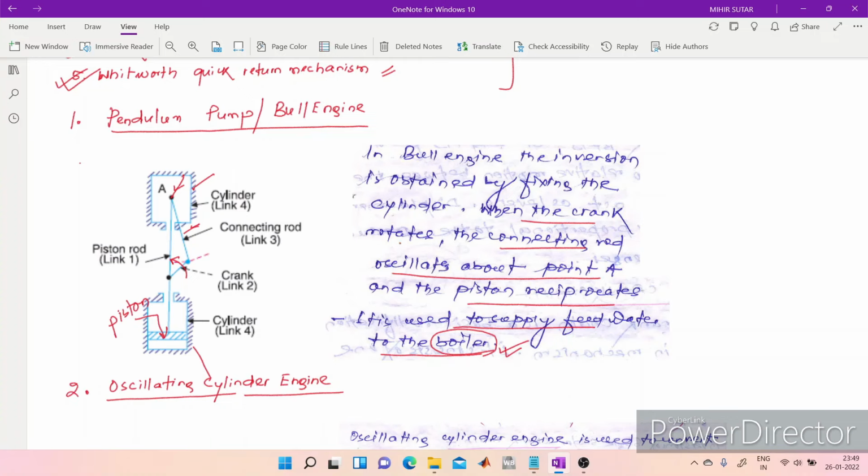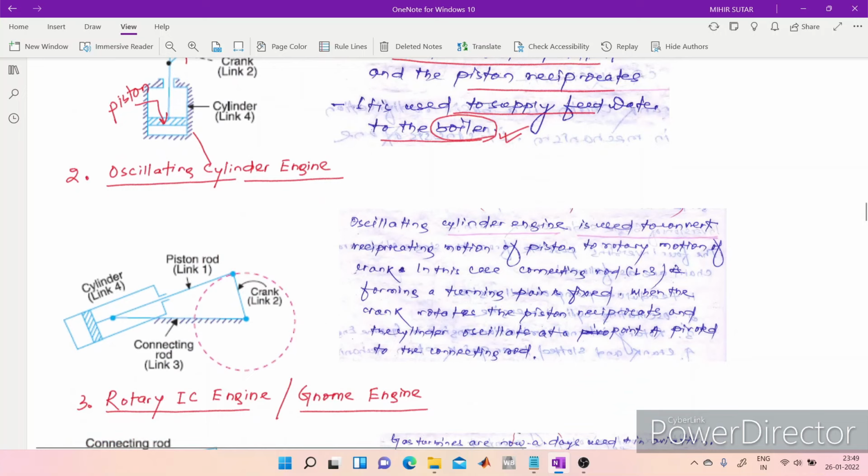Now, the second possible inversion is the oscillating cylinder engine. The basic schematic, as you can see, has a crank, a piston rod, a piston and a cylinder. The connecting rod is fixed here. The oscillating cylinder engine is used to convert the reciprocating motion of the piston to rotary motion of the crank.